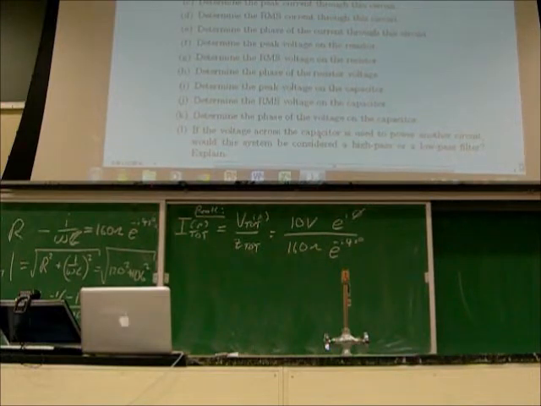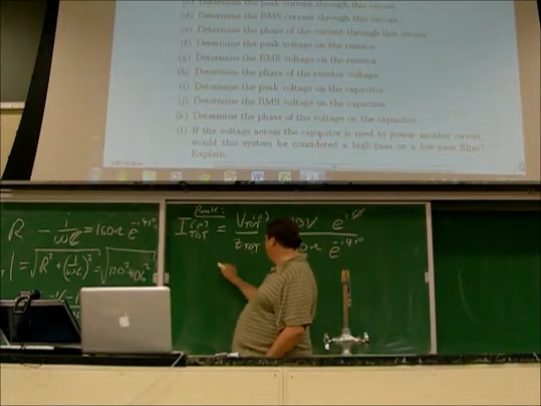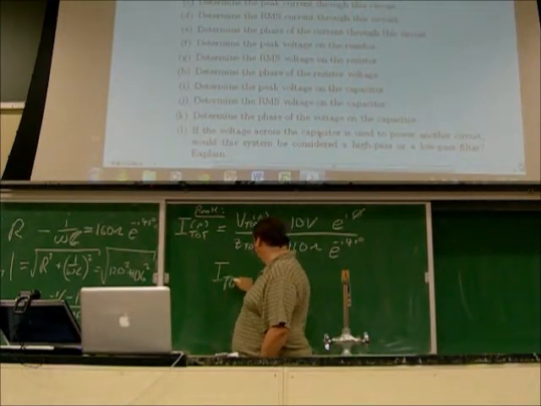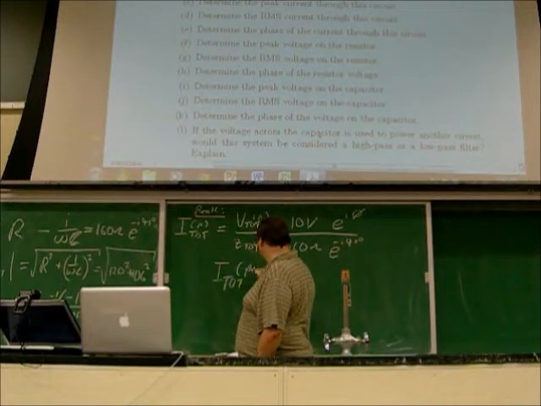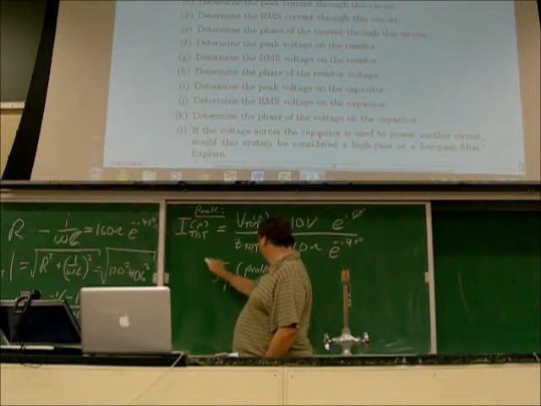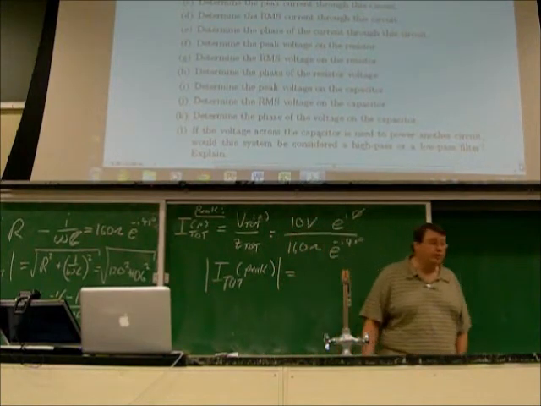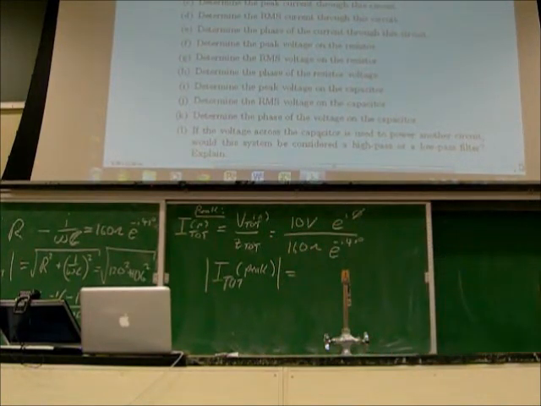It's got a magnitude of 10 volts, where we've decided that magnitude means peak for now. And it's got a phase of 0. Therefore, the magnitude of the peak current is what?